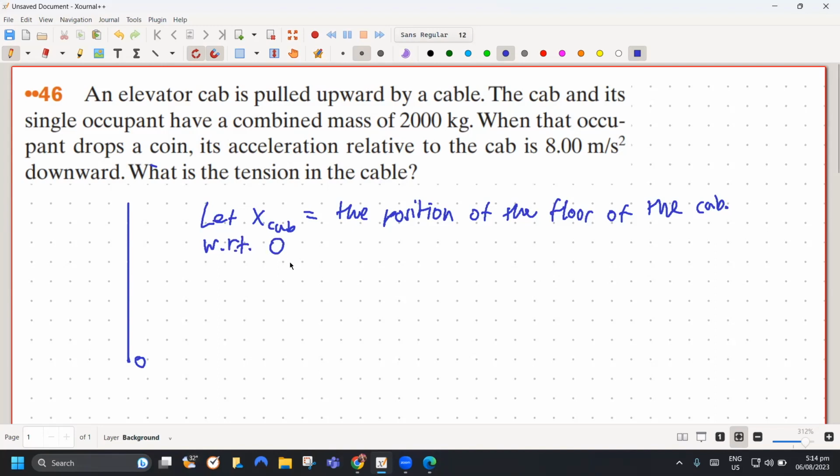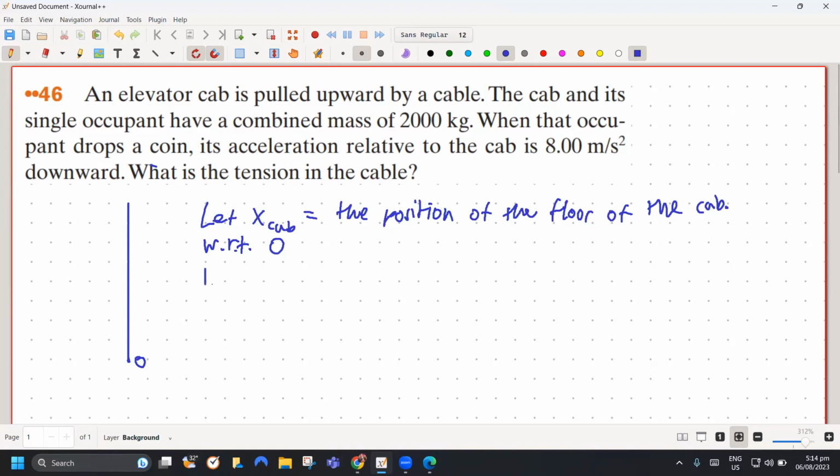Okay, ngayon that's X-cab. Tapos ang ginagamit nating reference na origin is yung ground. Let X be the position of the coin with respect to O. So X lang.